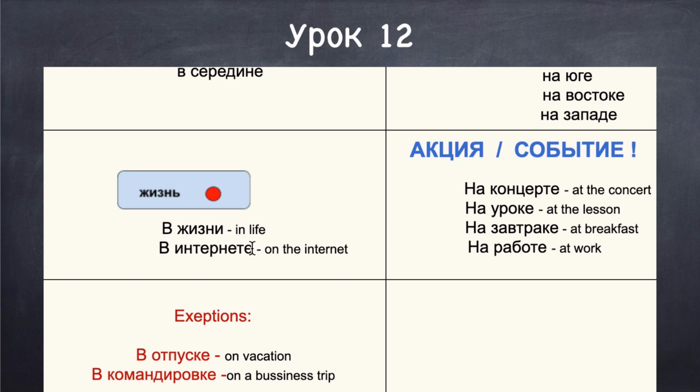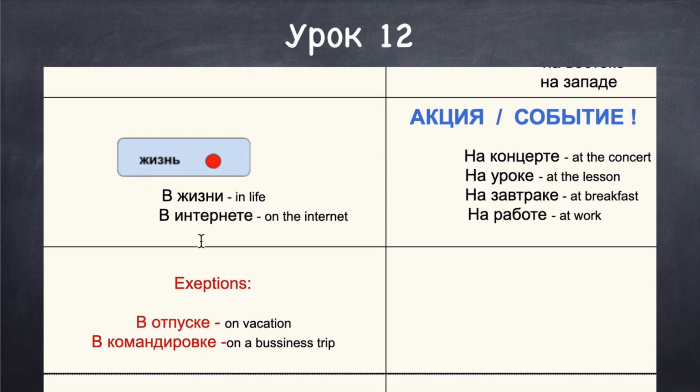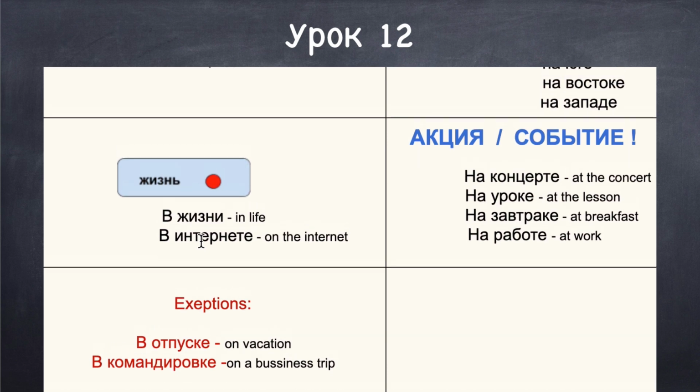В интернете, on the internet. Just visualize the internet as a cloud where the information is. So for us as Russians, it's quite logical to use this preposition in these cases.